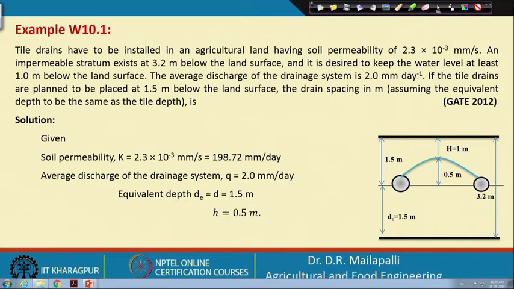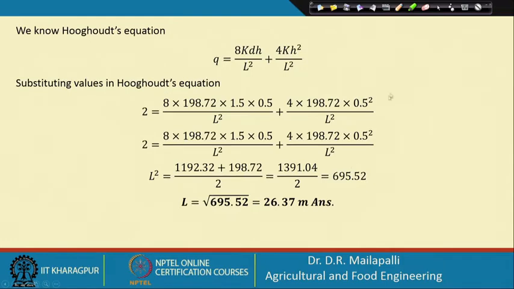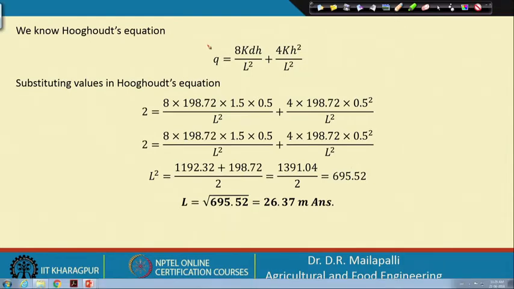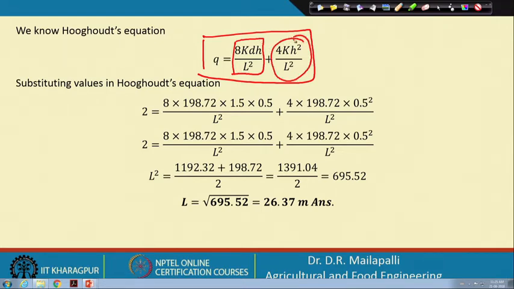So, the next thing is the Hooghoudt equation, in which the drainage flow above the drainage base and below the drainage base is considered. So, this portion will give the drainage flow contribution above the drain, and this below the drain. Okay.